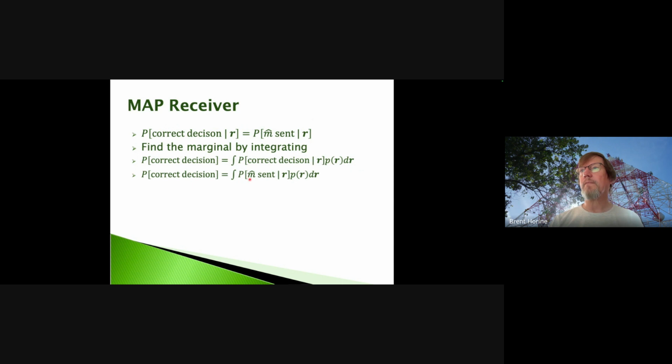So substituting in this information, we're going to integrate this probability that the estimated M was the one that was actually sent. And we can now look at this, and we actually don't have to evaluate this integral.